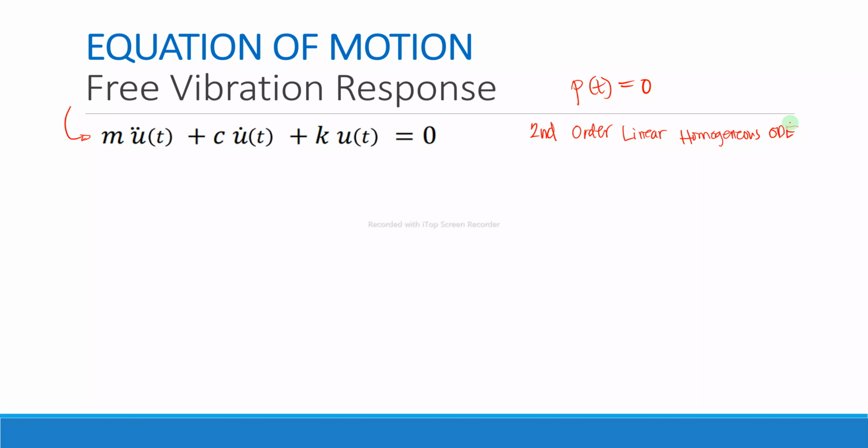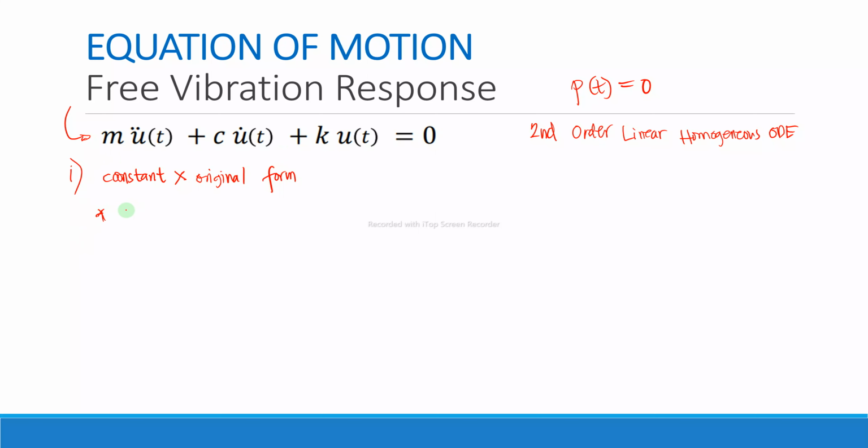Okay. So first, let's try to find a general solution for this one. For this one, we'll look for a general solution in such a way that its derivatives can be written in the form constant times its original form.